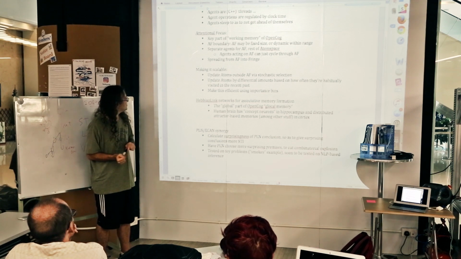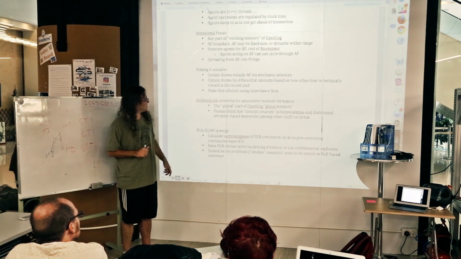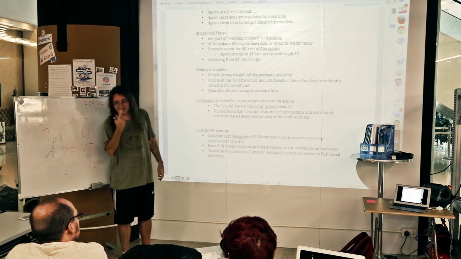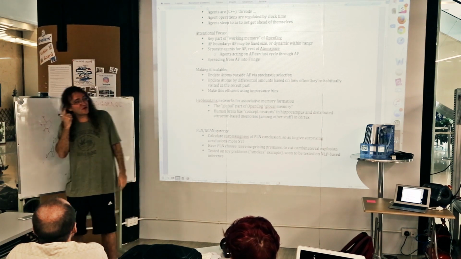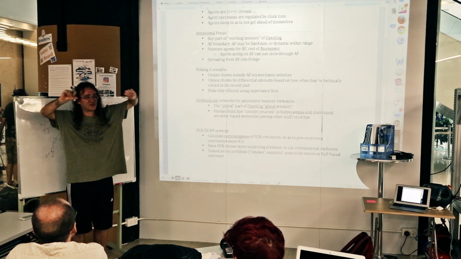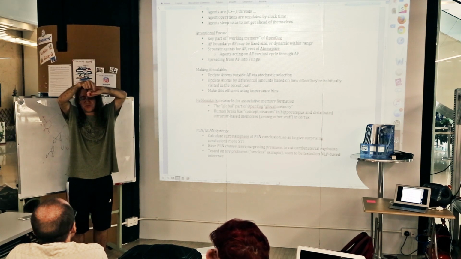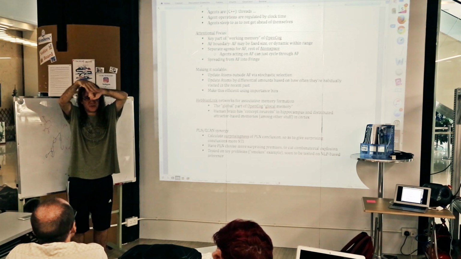Something we haven't experimented with much yet, but which is interesting, is forming HebbianLinks. The way that works is when two atoms are in the attentional focus at the same time, you either form a Hebbian link between them or you increment the weight of the Hebbian link between them.